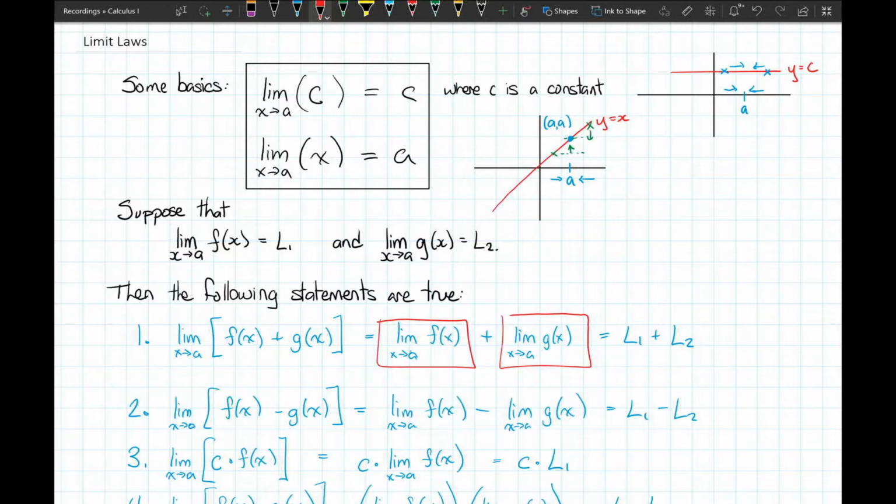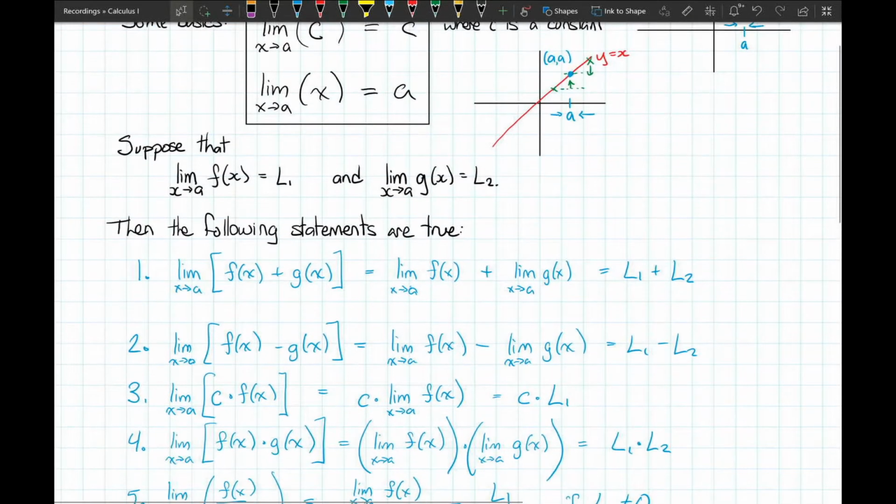And add those two values together. So in this case, we get L1 plus L2. And the second rule is just going to be for subtraction. Second rule, if we have a difference of functions, take the limit of each individual function, subtract, and get, in this case, L1 minus L2.